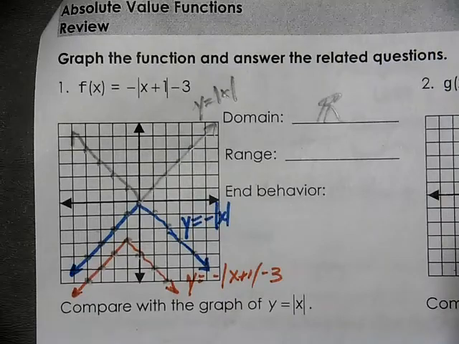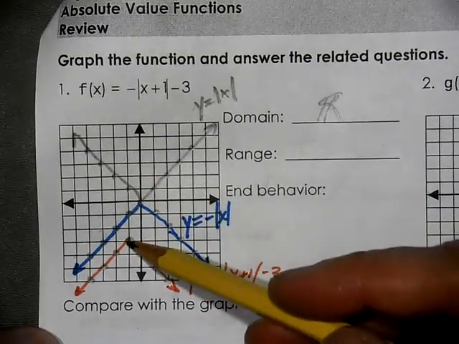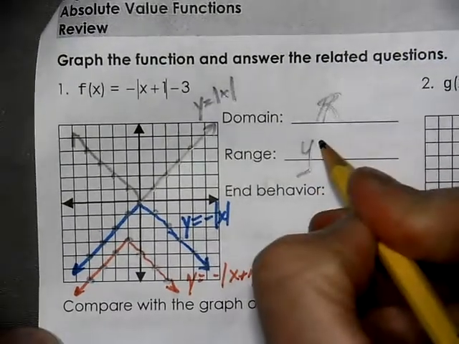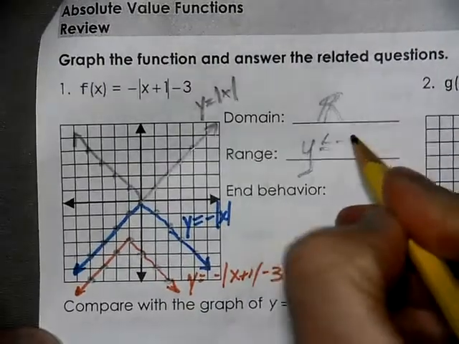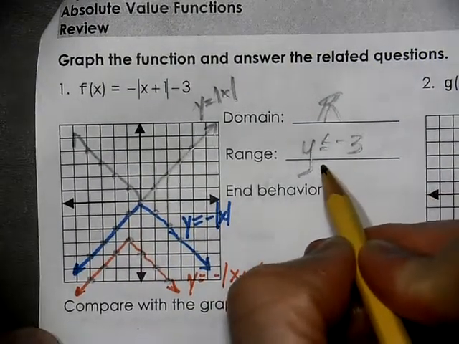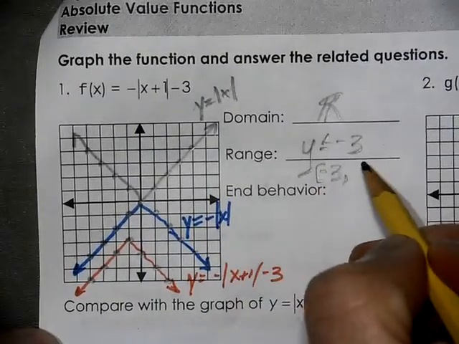The range is from this highest point, which happens to be negative 3, and down. So your y value is less than or equal to negative 3. In terms of interval notation, you could use negative 3 with the square bracket.